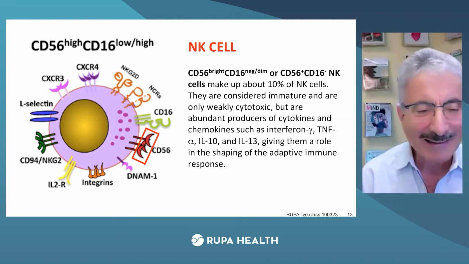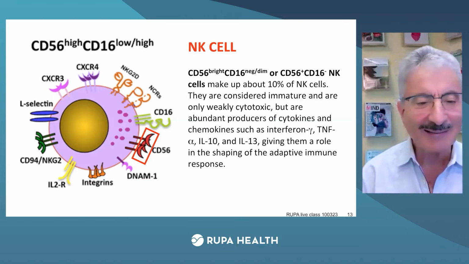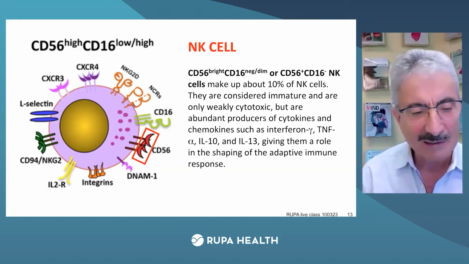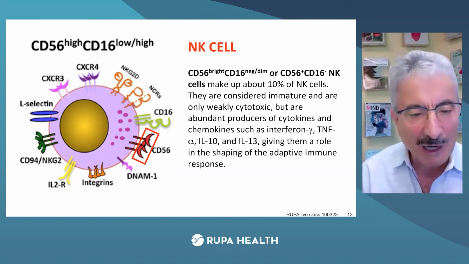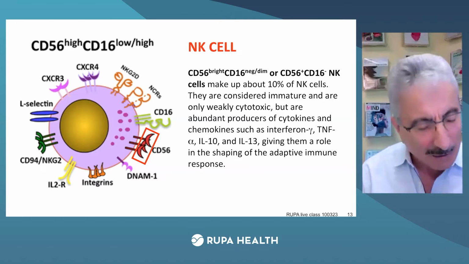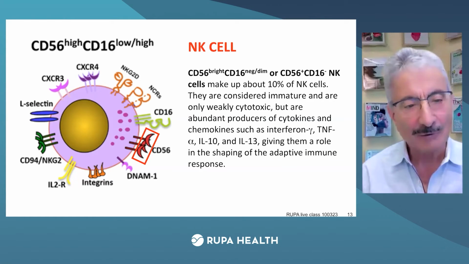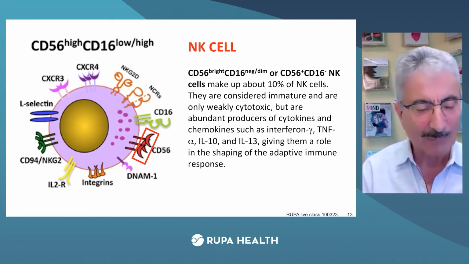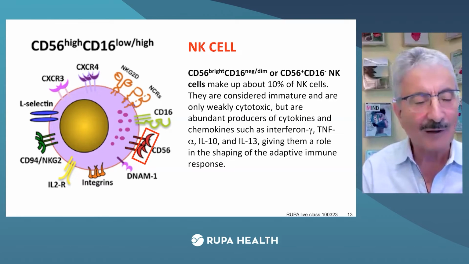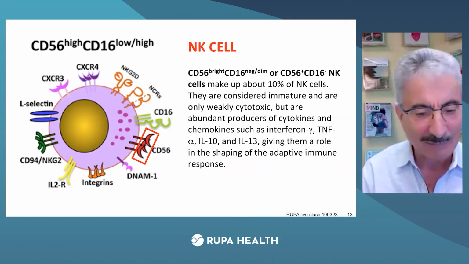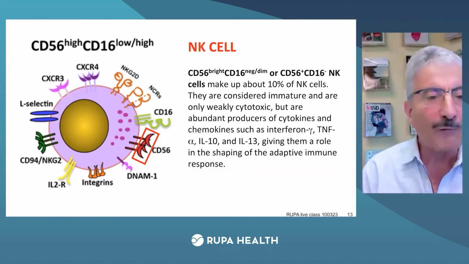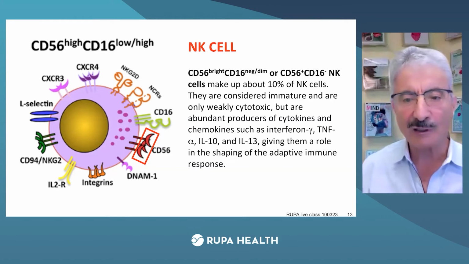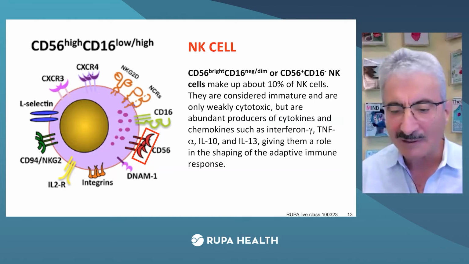They are weakly cytotoxic, meaning they can kill to some degree virus-infected cells and tumor cells, but they're highly regulatory NK cells, and regulate the immune system. So underactivation of CD56 positive cells means immune dysregulation, and overactivation of them also indicates overactivation of the immune system.